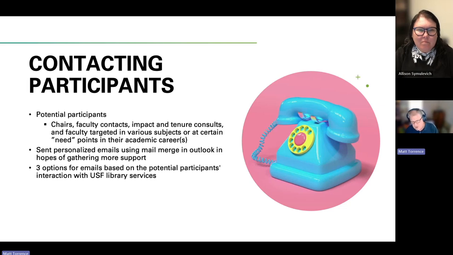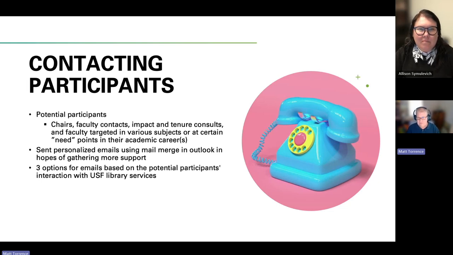We wanted to make sure that people understood that we were contacting them for a reason, while also making it as standardized as possible. So we did tell them, you're being contacted because you are a chair or a director in this particular program, or you are someone with whom we've spoken, or you're someone that we think has valuable input. So that's just a little more about how we envisioned this.